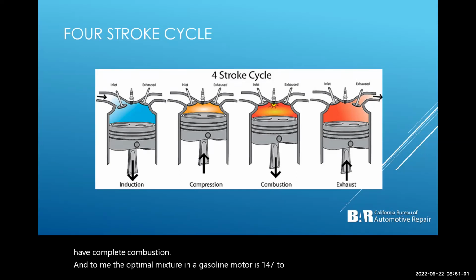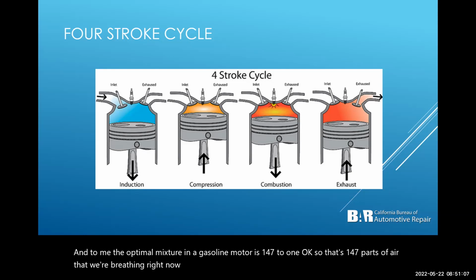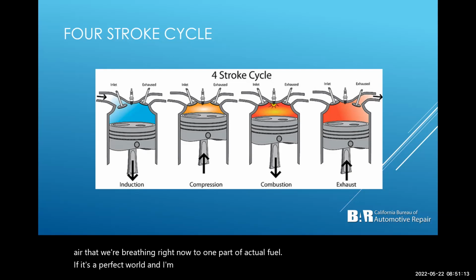Okay, so that's 14.7 parts of air, that we're breathing right now, to 1 part of actual fuel. If it's a perfect world, and I'm going to tell you why that doesn't happen later on in the presentations as we go along.